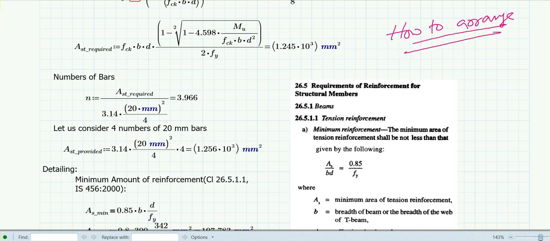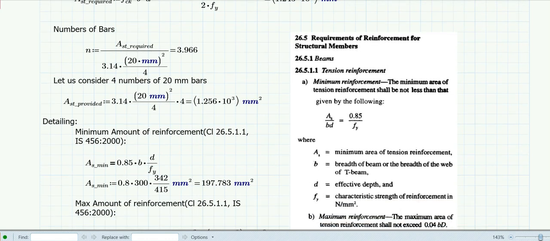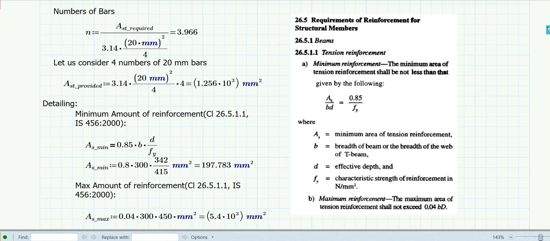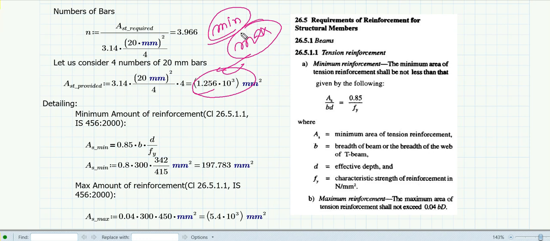For this, we have to check whether the amount of bar that we have provided, this is the AST provided, right, is more than the minimum bar required, or less than the maximum bar required. So it should be in between minimum and maximum.